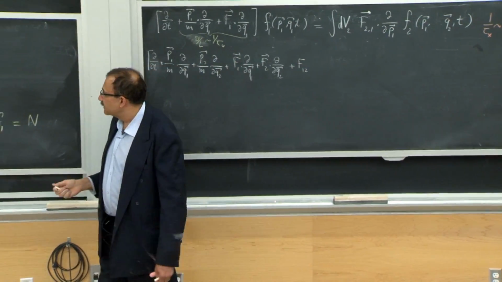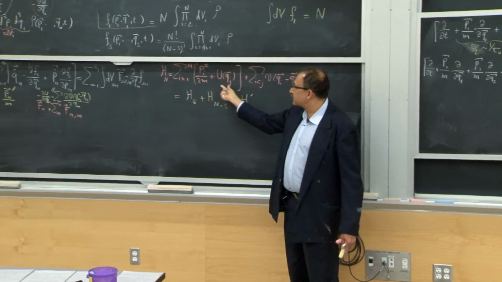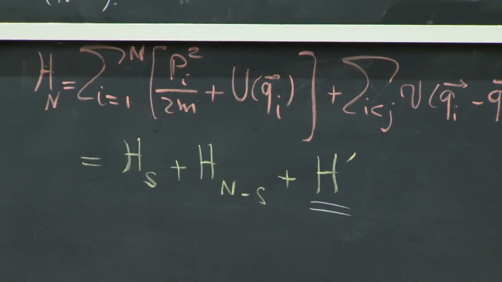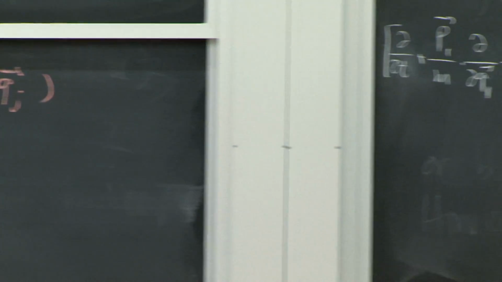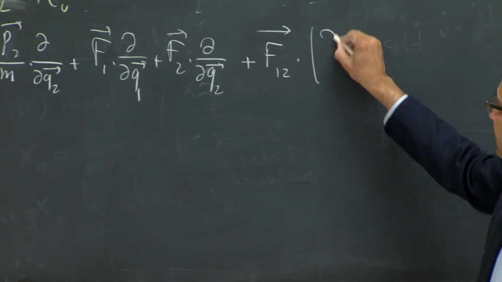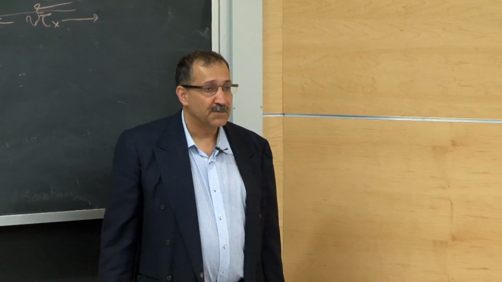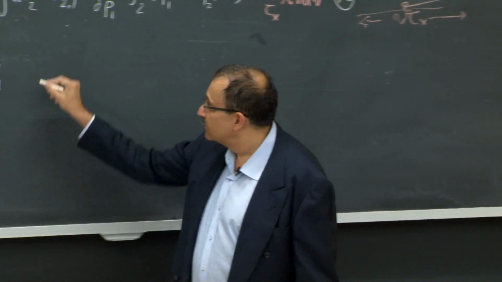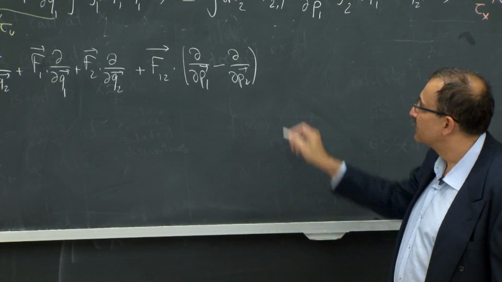Essentially here, when I write down the Hamiltonian for two particles, there is going to be already for two particles an interaction term between them, and that's where the F12 comes from. F12 changes d by the momentum of particle 1, and then I should write F21 that changes momentum of particle 2, but F21 is simply minus F12, so I can put the two of them together in this fashion.